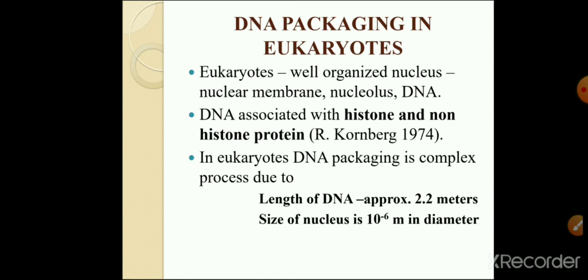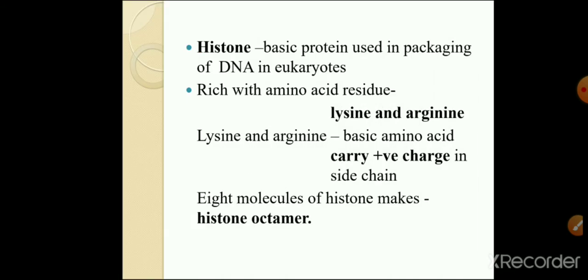Depending upon the abundance of amino acid residues with charged side chains, a protein acquires its charge. The histones are basic proteins that are rich in lysine and arginine residues.